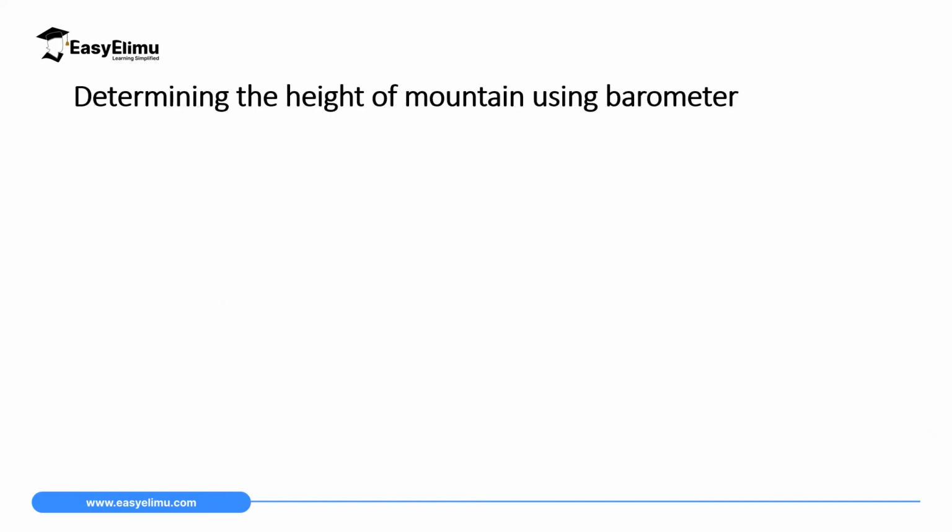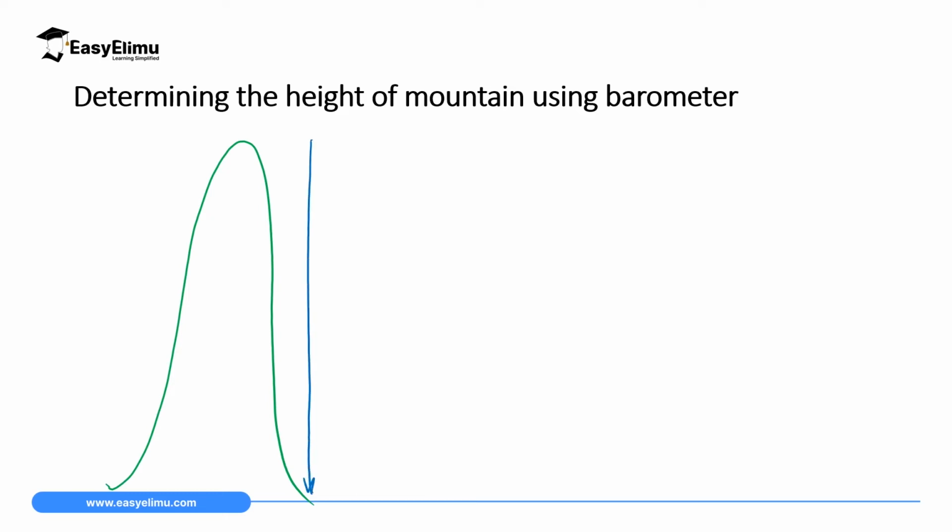Now we can determine the height of the mountain by using the ideas that we have discussed. For example, if you have your mountain like this one here, around this mountain we have air. That is a fact. We have air from the bottom to the top, and this air is exerting what we call air pressure, which is atmospheric pressure.